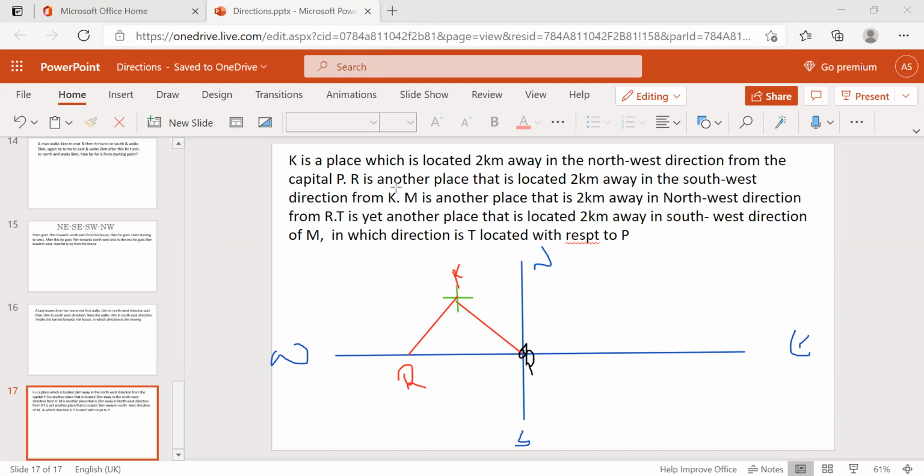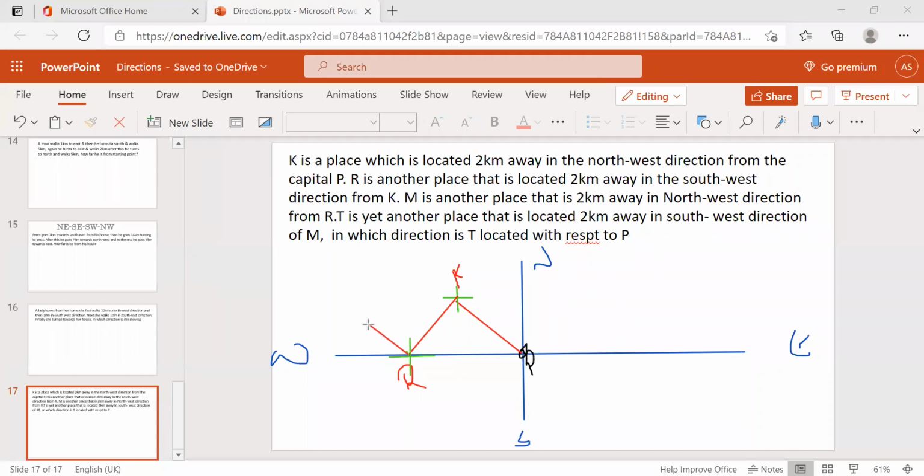Now, what is another thing they are saying? R is located from K. M is another place that is 2 kilometers away in the northwest direction from R. So which is the northwest direction from R? This is north, this is west, south, east. So this will be the northwest.